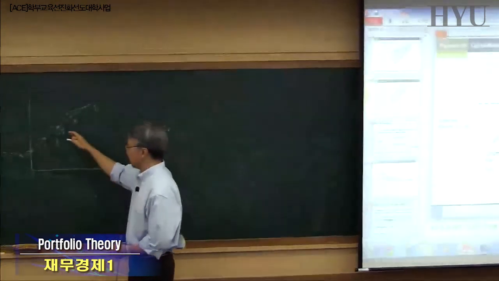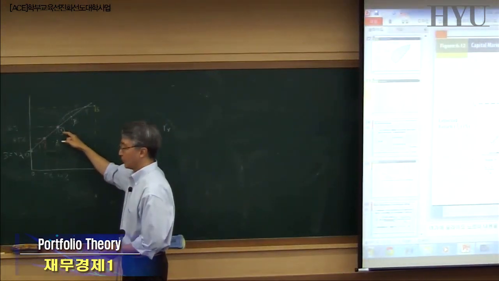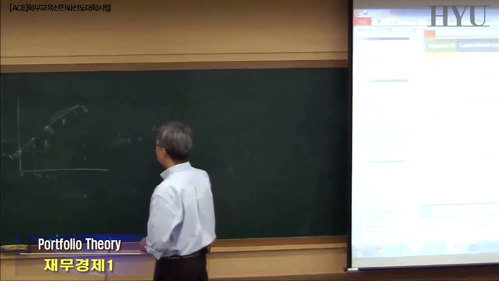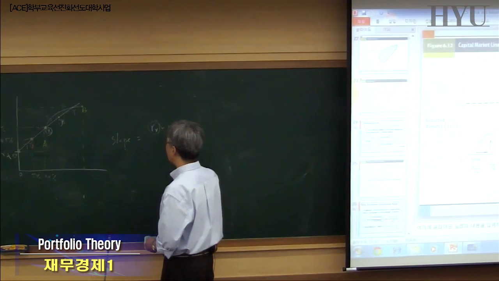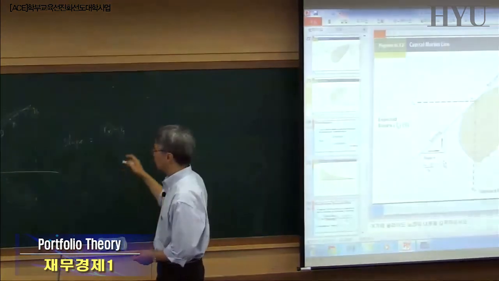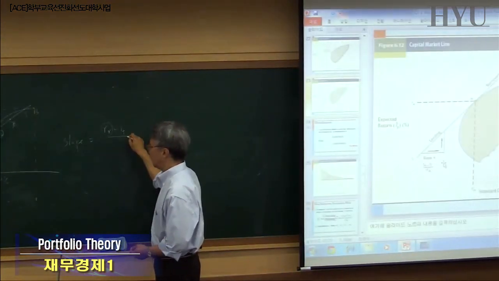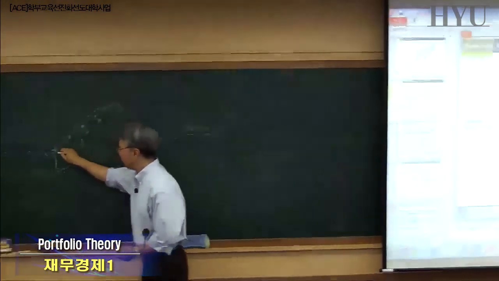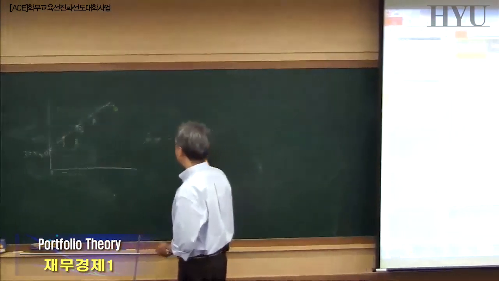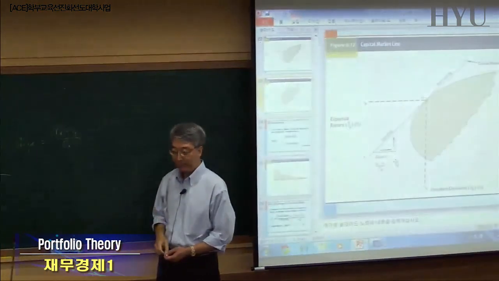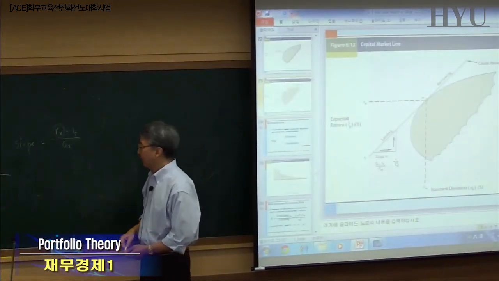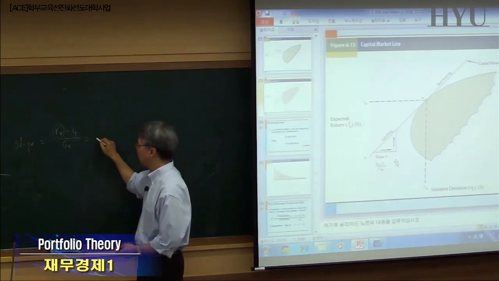And this is, well, some stock portfolio, right? So return on X portfolio minus return on O, which is RF, divided by this sigma for X, okay? And let's say that happens to be, say, 1.2.